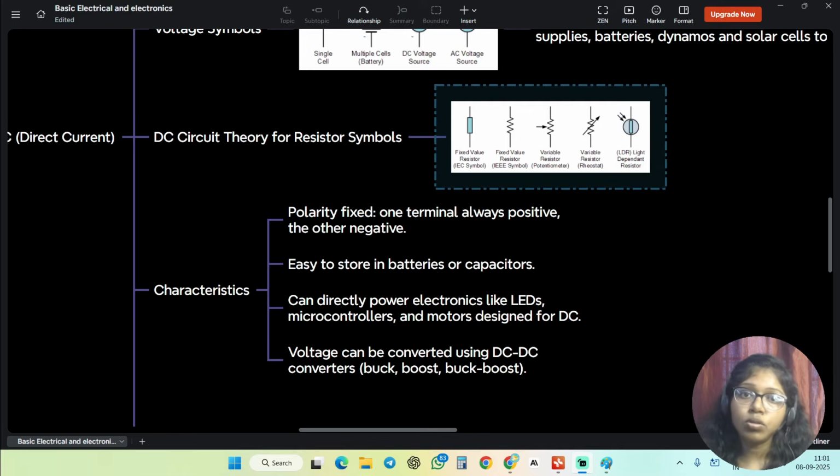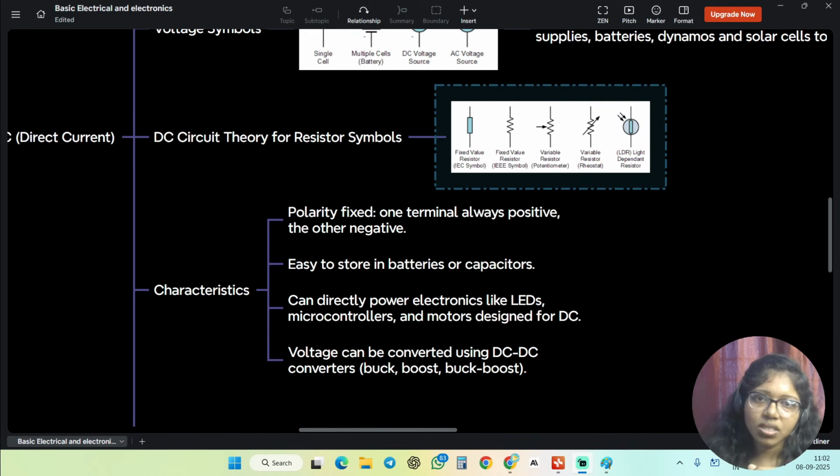We can transmit it over long distances. DC can only be used over short distances. Now we could use DC over the overall area, but you would have to change the entire system. So at that time, AC played a big role, and it was a big change that came from alternating current.